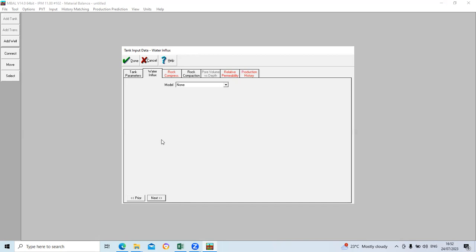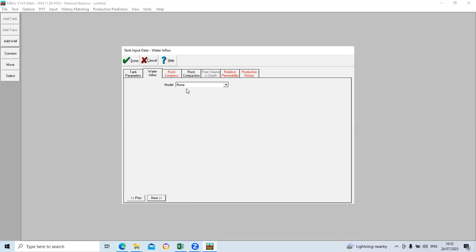That means as you're producing, water is gradually moving in to occupy the space that was occupied by the hydrocarbon or oil that you have removed. So you may have a similar amount of water entering the reservoir to the amount of oil that is produced.